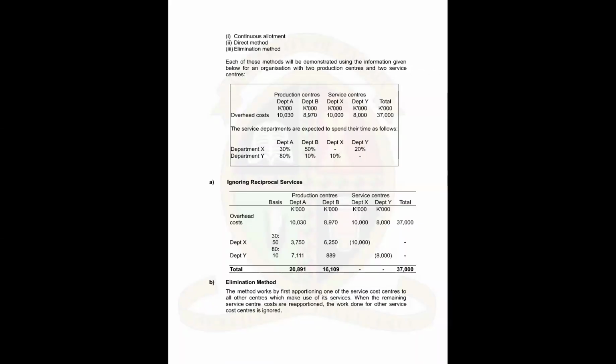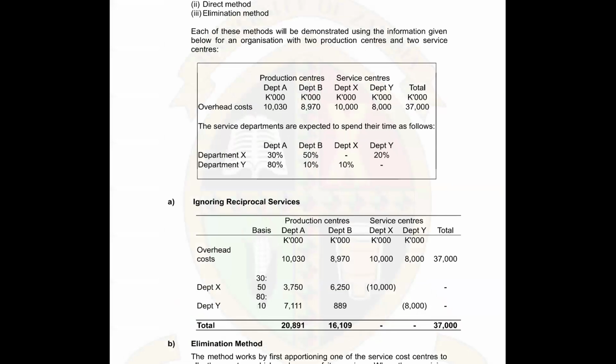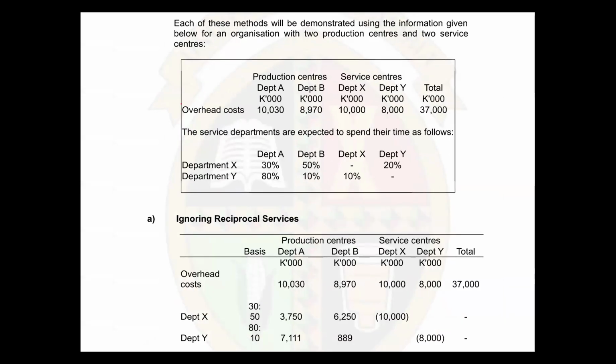Okay. Now, let's have this one. So these are the overheads totaled up. Assume there were some figures here on top; they were totaled up, and these were totals for this department. And now, what do you need to do? I said during the process of reapportionment, you got to have all the cost that is in the service centers, basically X and Y in our case, find their way into department A and B. How is that done? Now I want you to pay attention.